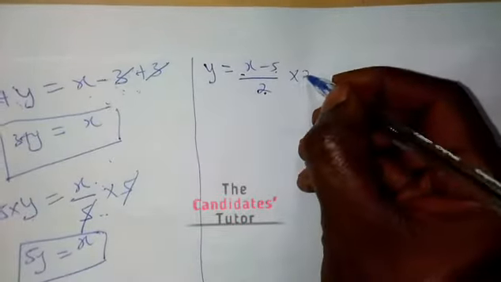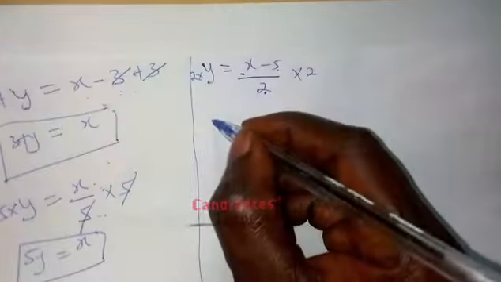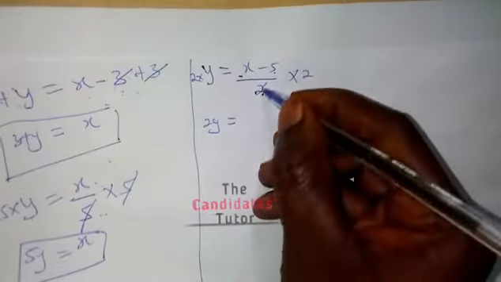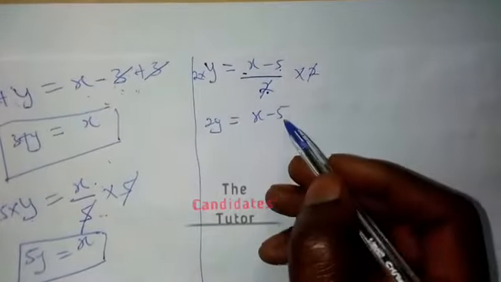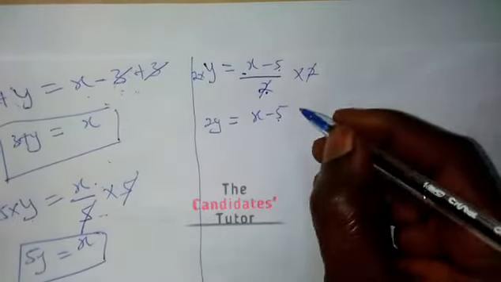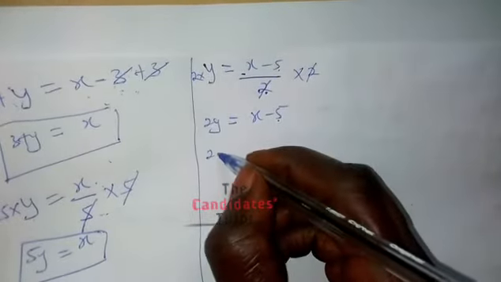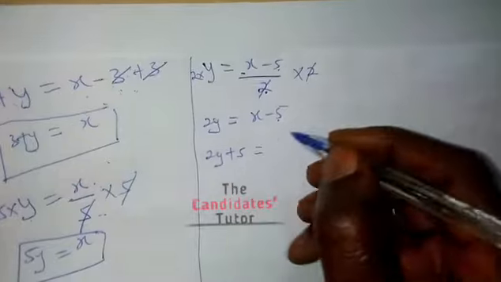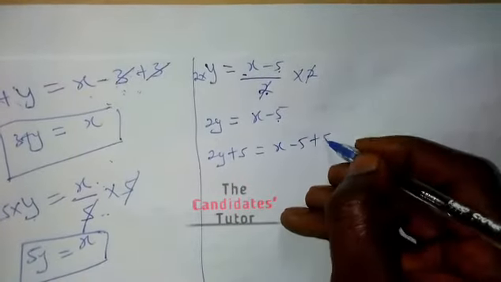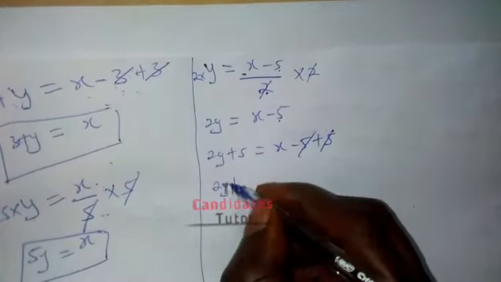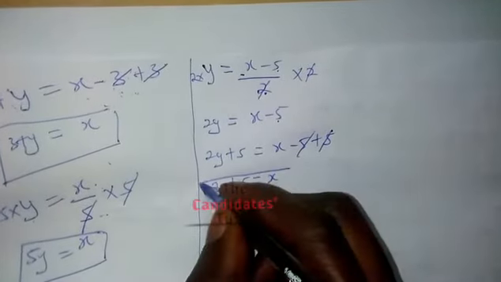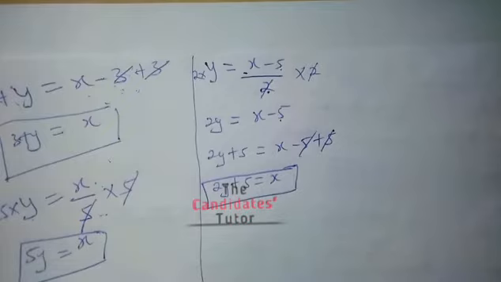So multiply by 2 times 2. So we have 2y equals x minus 5. Alright, now we can move this to the other side by adding 5 to both sides. So we have 2y plus 5 is equal to x minus 5 plus the 5. So the final answer becomes 2y plus 5 is equal to x, and it becomes our final answer.